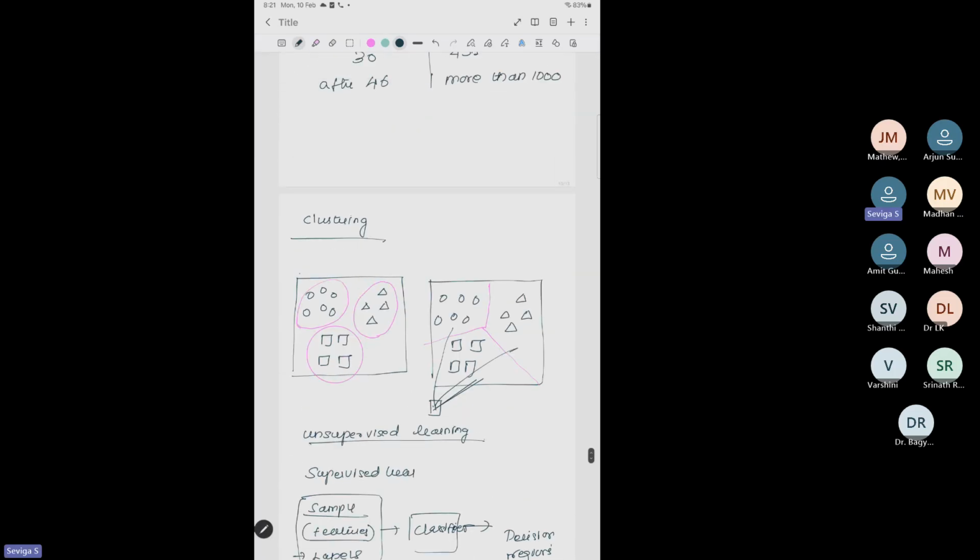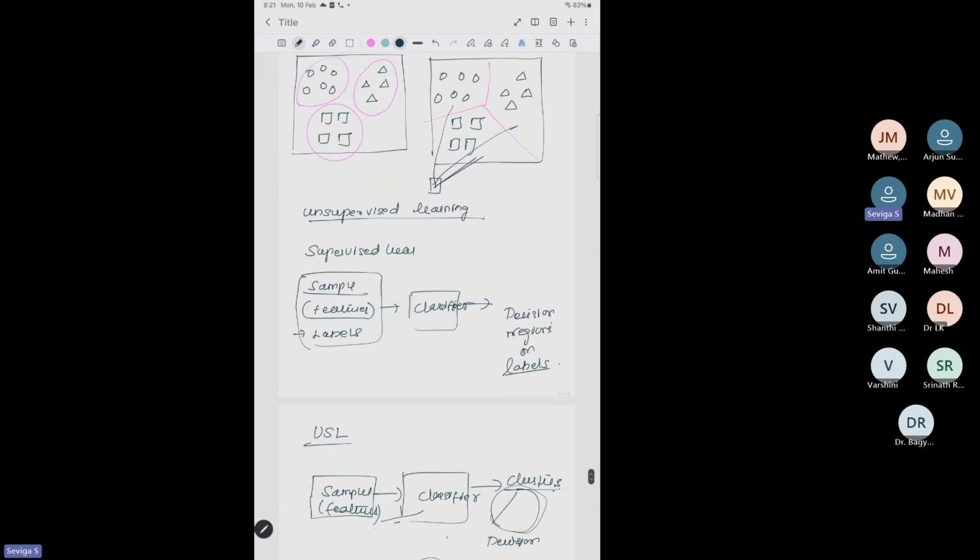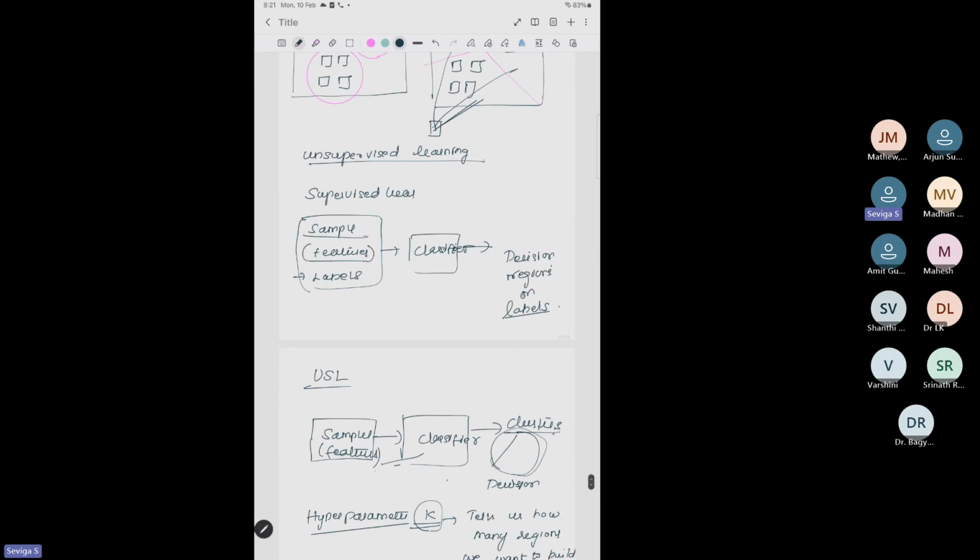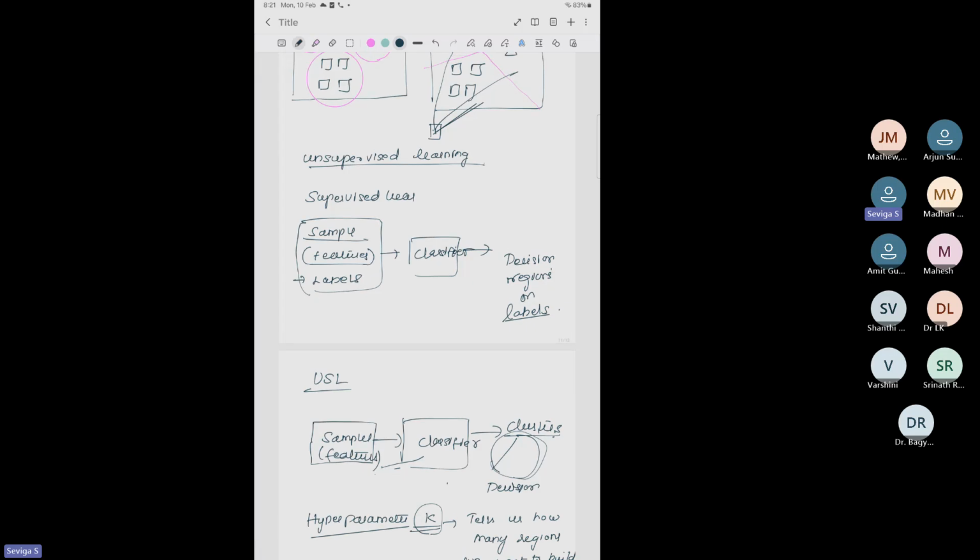So in clustering, what we saw is dividing the data points into groups of similar values, or clusters, or regions. In unsupervised learning, we will not have labels. In supervised learning, we will have samples along with labels. In future classes, we will do these things in detail.